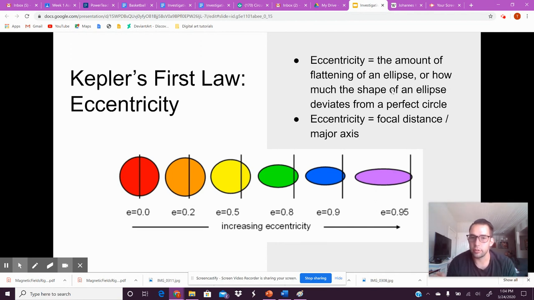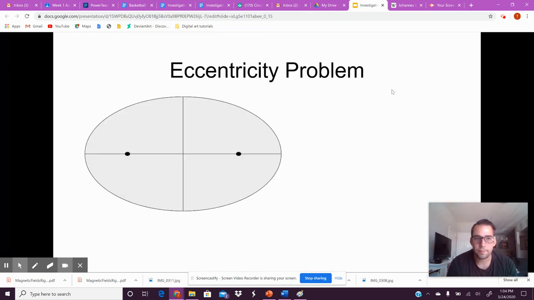So as you can see on the right-hand side, that purple ellipse has an eccentricity of 0.95, and so it's going to be very stretched out. Okay, and that's how we're going to describe the different shapes of the ellipses in our different orbits.